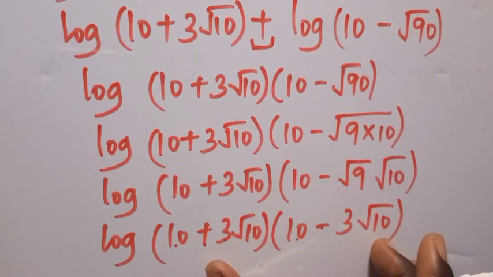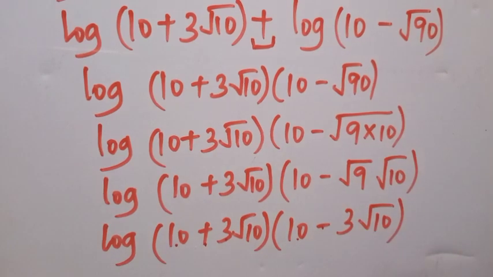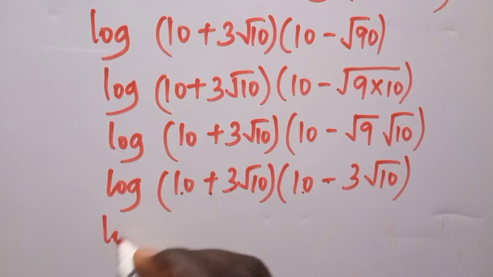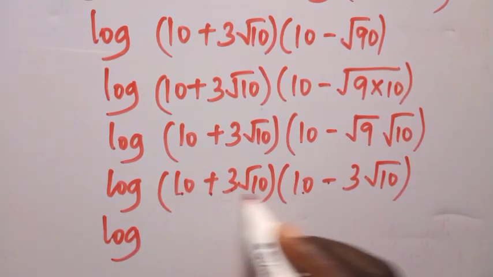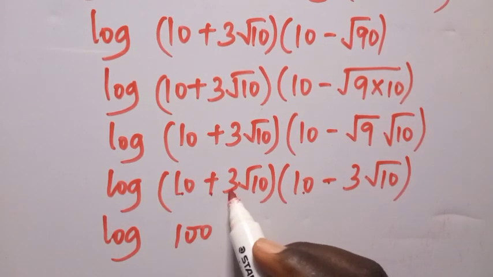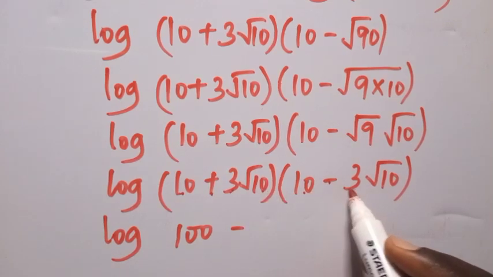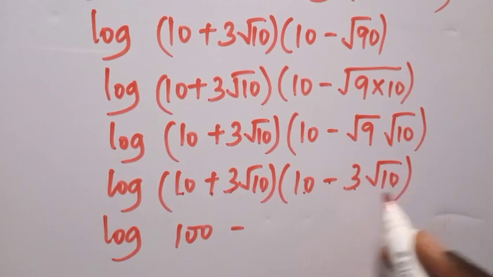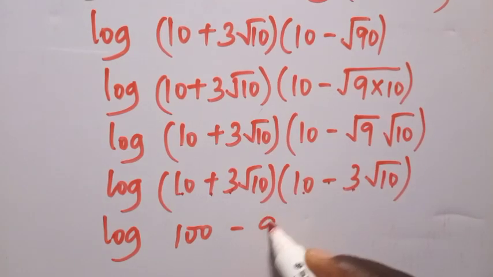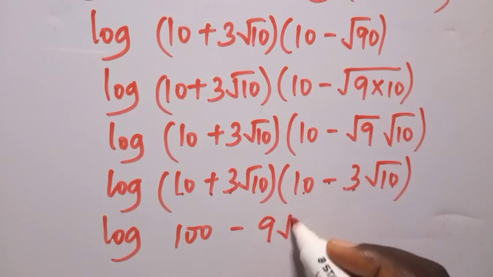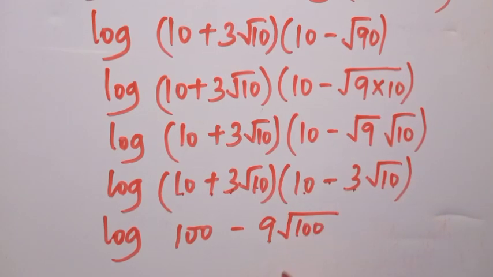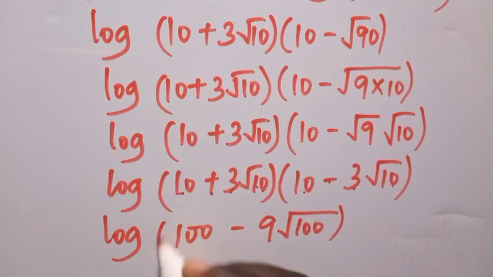If we multiply them, we shall have the logarithm of 10 times 10, which is 100, minus 3 root 10 times 3 root 10, which is the same as 3 times 3, which is 9, times root 10 times 10, which is 100.